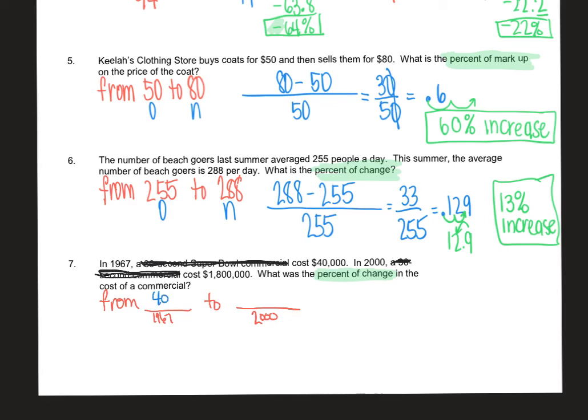It went from 40,000 to 1.8 million or 1,800,000. So now I set myself up. I'm going to do 1,800,000 minus 40,000 over 40,000.